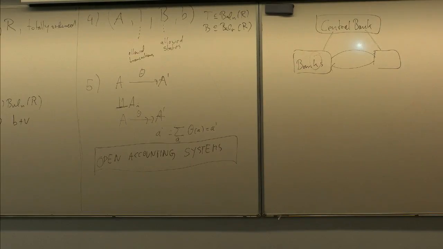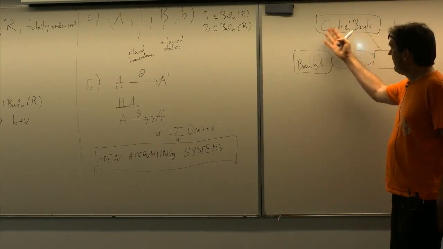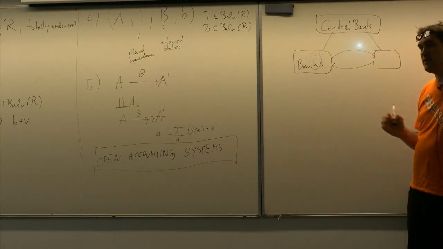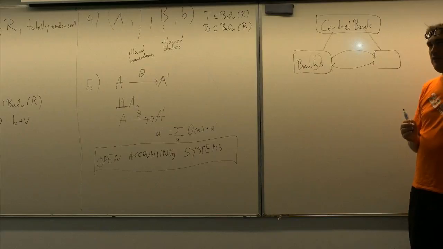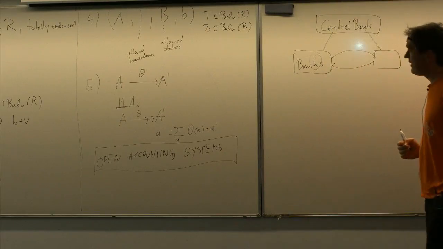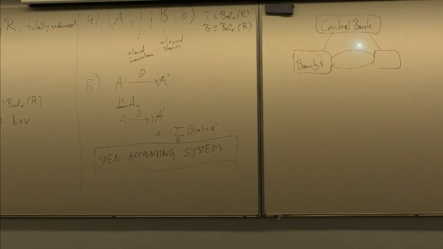Yeah, and the meaning of money has to do with the way information flows in such a system. So if you understand accounting systems better, and we can model something like that, then we can maybe also understand what money is about.